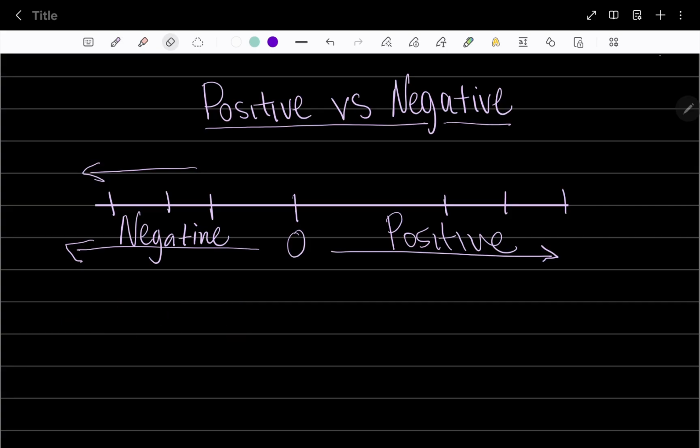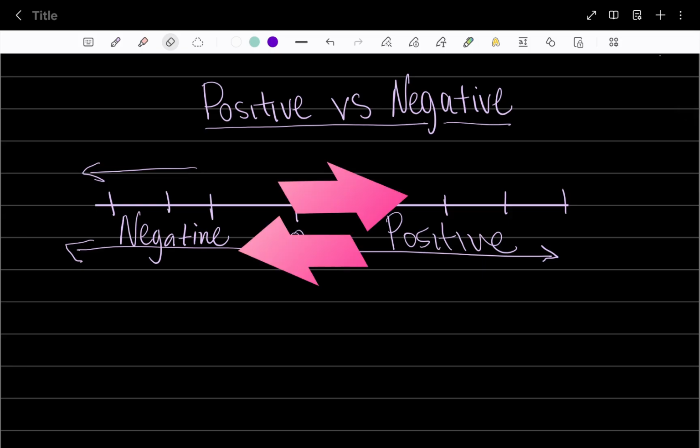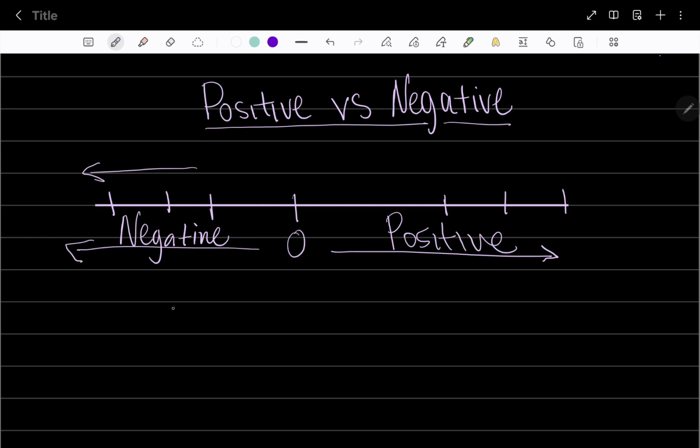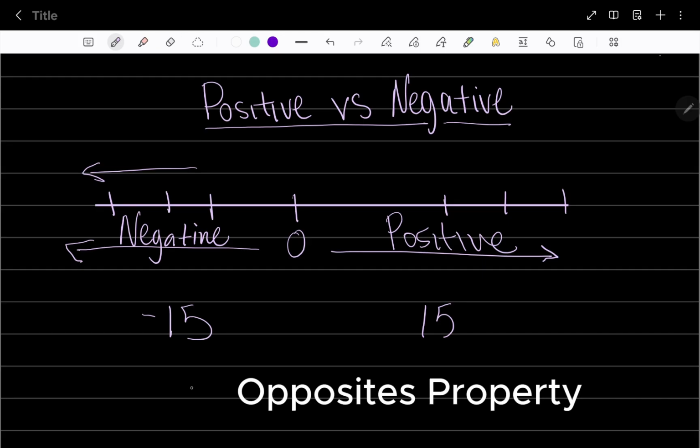So did you know that negative and positive numbers are opposites? So essentially, what we have over here, negative 15, we have a positive 15 on the opposite side. So we have a property called the opposites property.